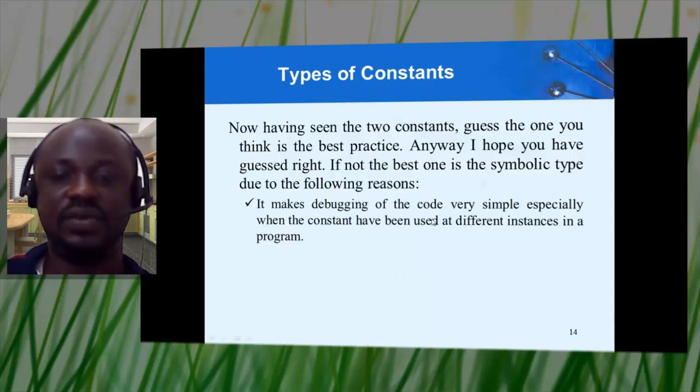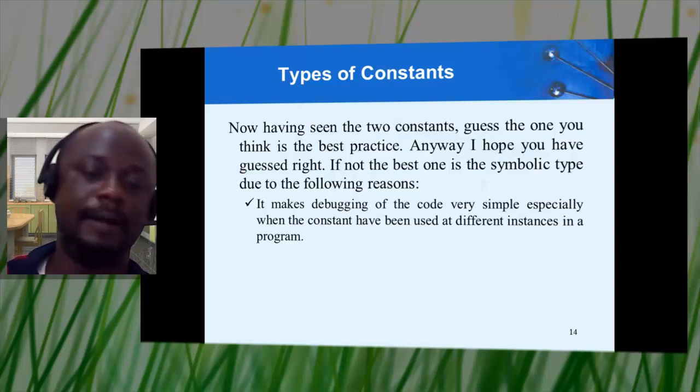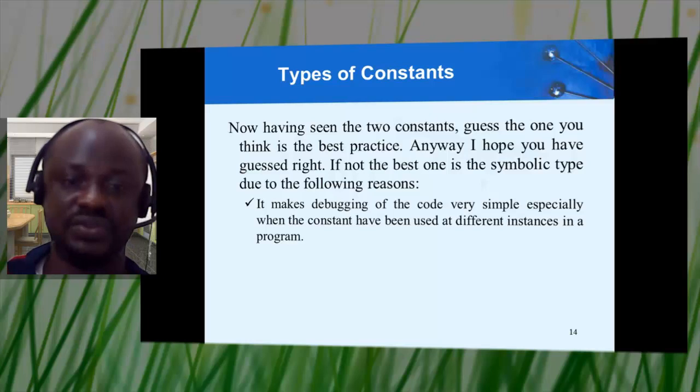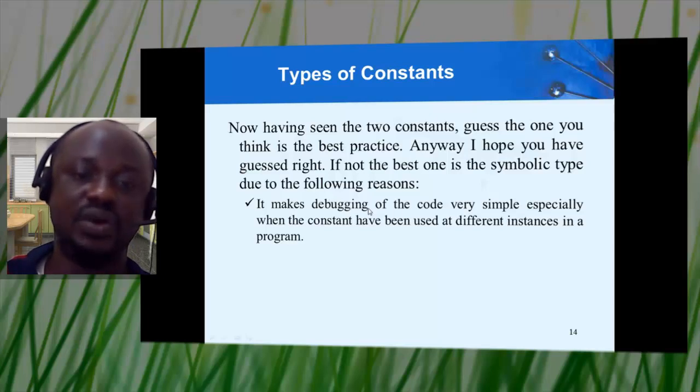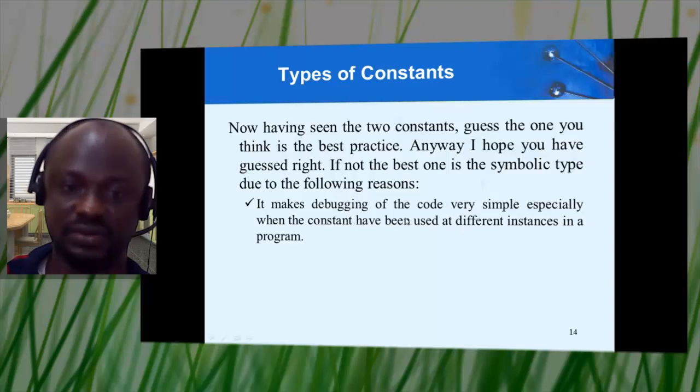It makes debugging of the code very simple, especially when the constants have been used at different instances in a program. For example, take the tax paid. If the tax paid is being used in several instances in the program, and something happens, maybe the tax rate is supposed to increase or reduce, then we need to go to all the instances and change the value.